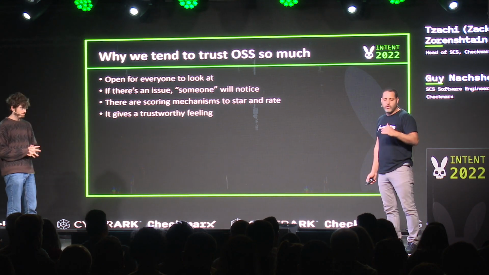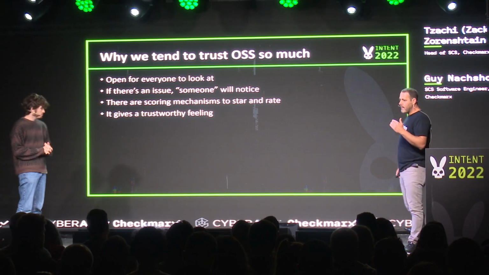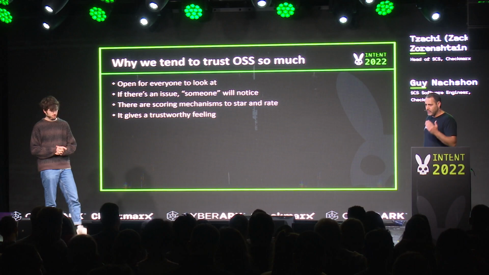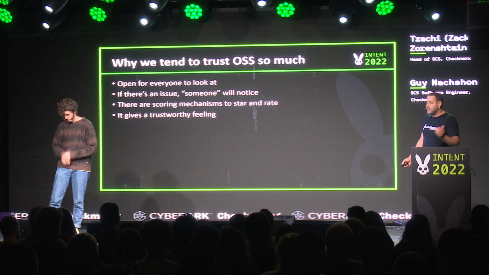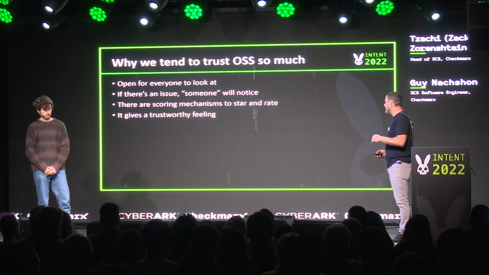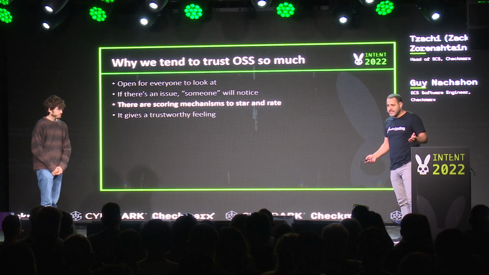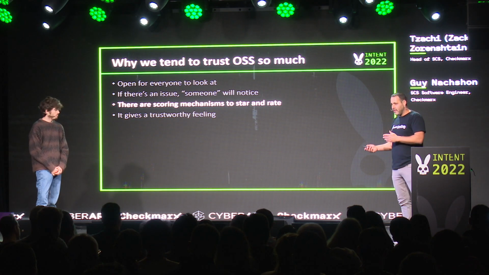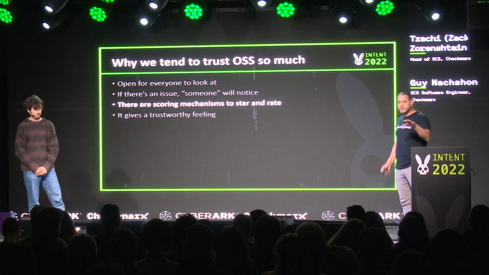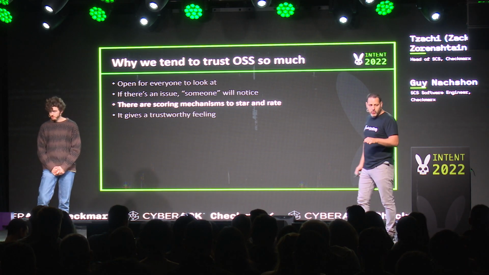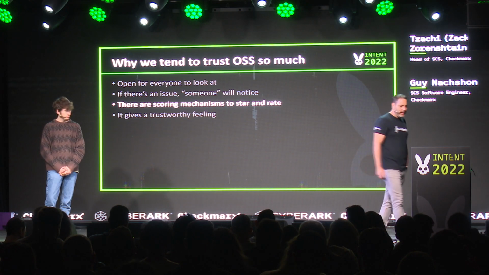Someone will fix that for me. And one of the main things that we like to tell ourselves is, I'm only going to use popular packages because if it's popular, it must be safe. If there's a lot of stars, it must be okay. And this will be a major part of our talk today.